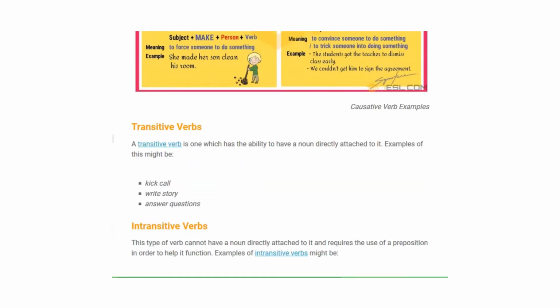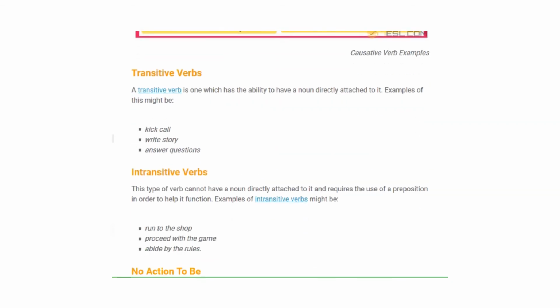So we move on to transitive verbs. It is one which has the ability to have a noun directly attached to it. Examples of this might be kick, call, write a story, answer a question. We have the intransitive verbs too.